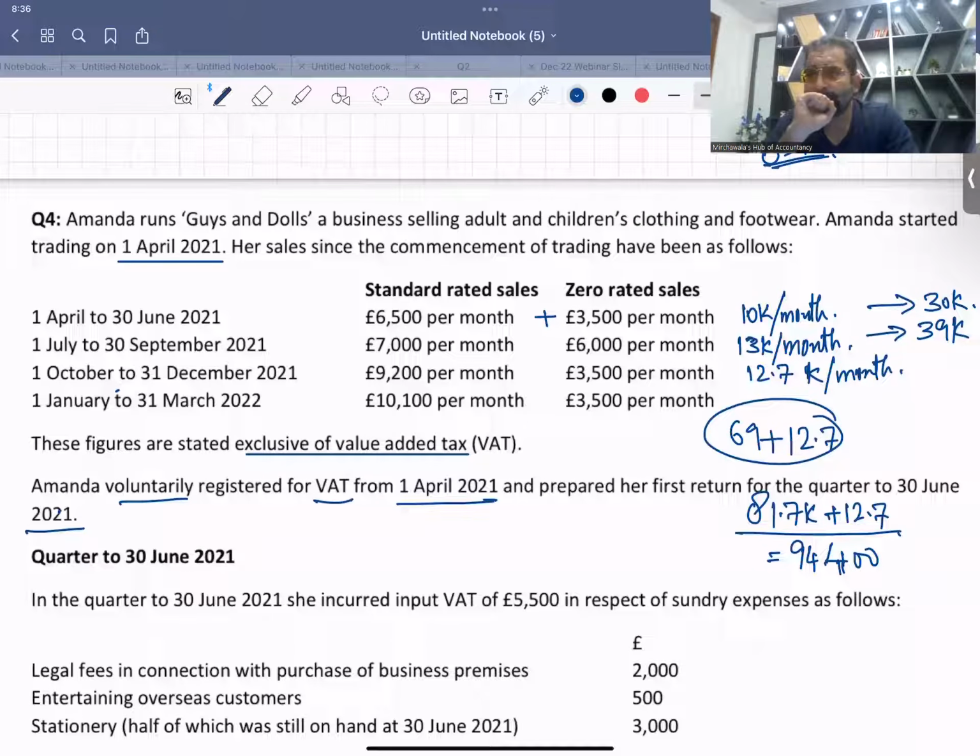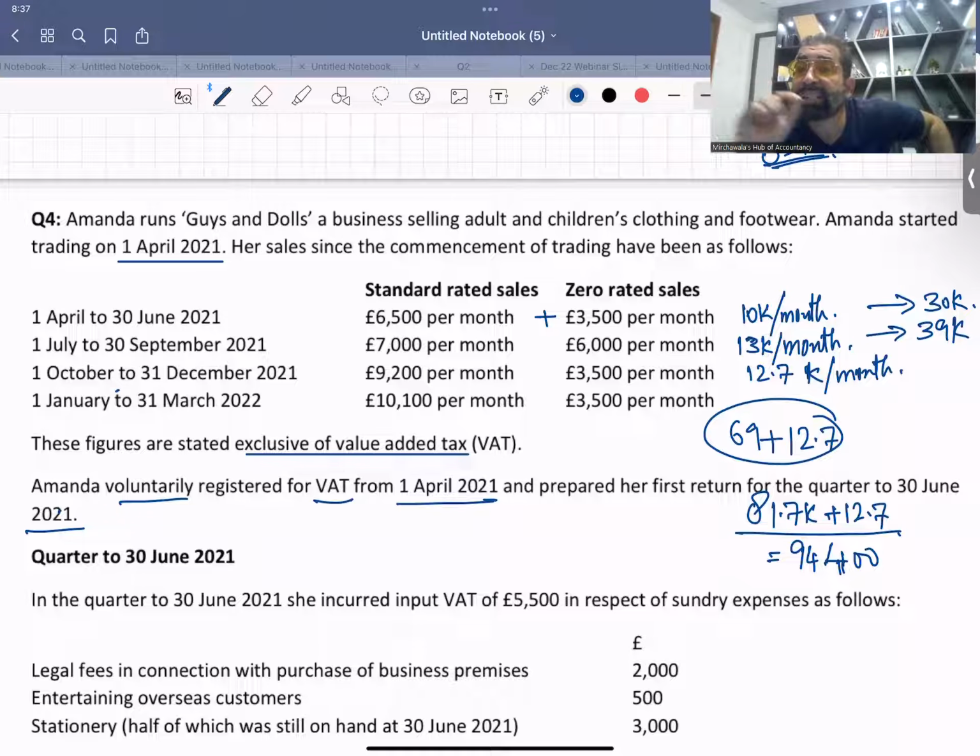So be careful. At the end of November, the trader realized that he crossed the limit of 85,000. Now, listen, this is the law. You have 30 days to inform, not 31 days, not 1 month.